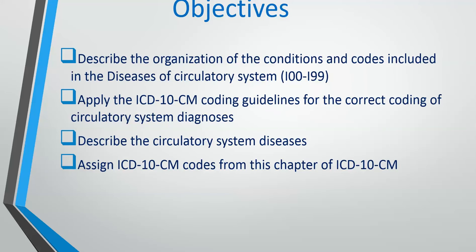So today's lecture will go through the organization of the conditions and codes included in the diseases of the circulatory system chapter, review the chapter-specific coding guidelines related to the circulatory system diseases, review different circulatory system diseases, and assign ICD-10-CM codes from this chapter of ICD-10-CM by reviewing a few different case studies towards the end of the lecture.